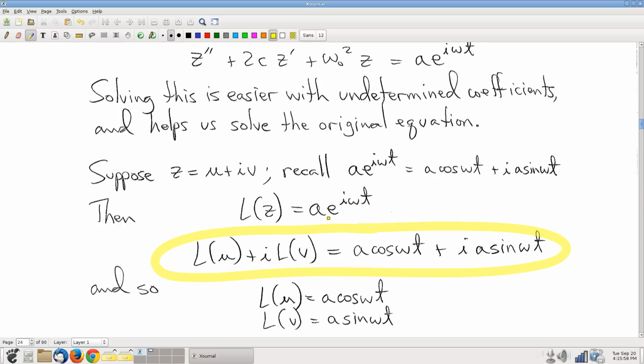Well, the great thing about this equation is I see that there is a very clear real part of the left side of the equation. There's also a very clear real part of the right side of the equation. And if I have complex equals complex, then the real part has to equal the real part.